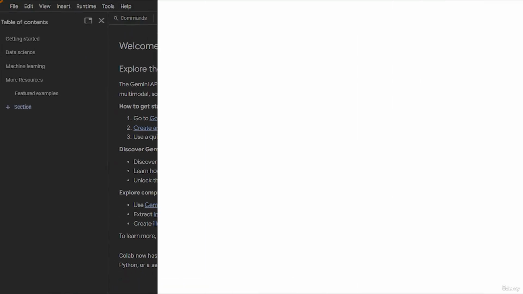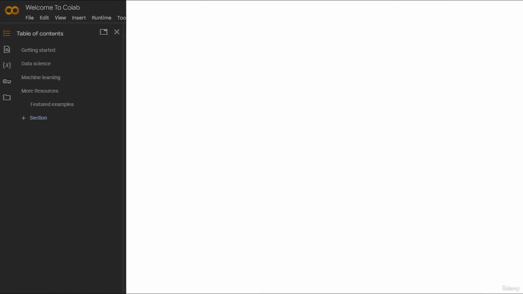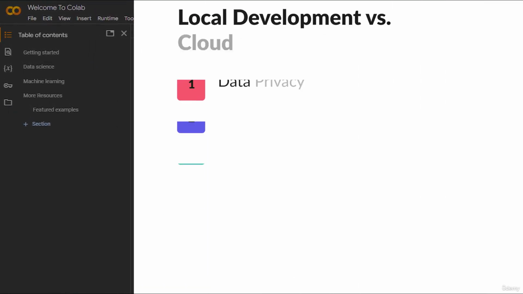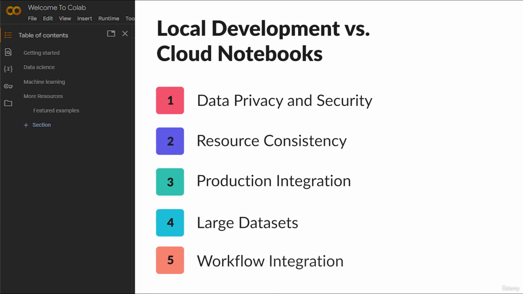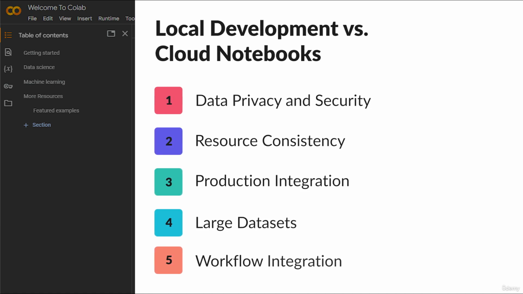We also provide Google Colab notebooks for all our exercises, which can be helpful if you're having installation issues. However, I want to emphasize why local development environments are the professional standard: data privacy and security. Local environments keep sensitive data on your systems. Many companies prohibit uploading proprietary data to third-party cloud services.